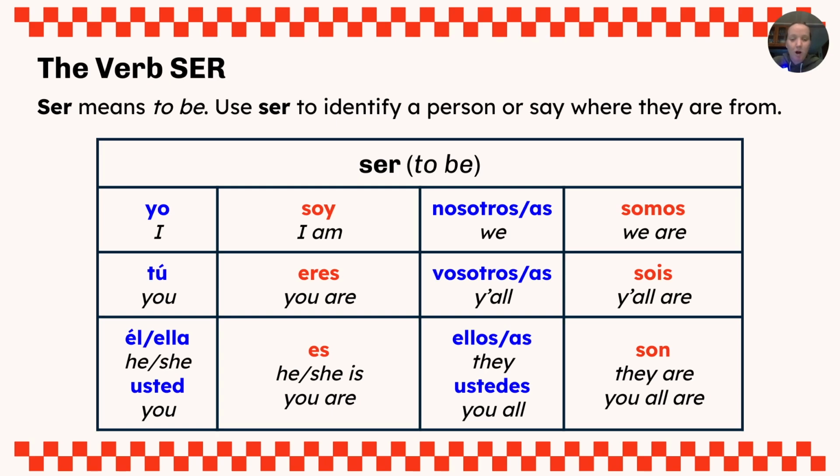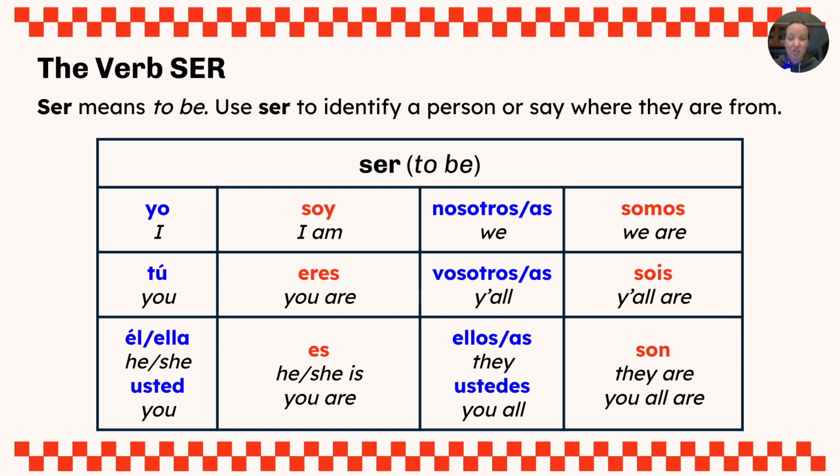Our word for y'all would be vosotros or vosotras, and to say "y'all are," we would say vosotros sois or vosotras sois. To say they, we have ellos or ellas. To say "they are," you would say ellos son or ellas son. And to say you all, you would say ustedes. To say "you all are," you would say ustedes son.